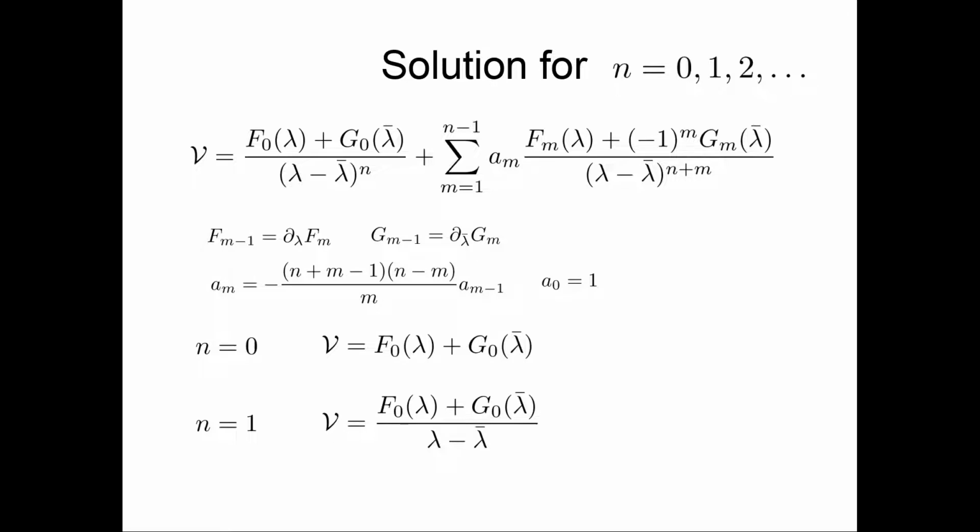For example, for n equals 0, as I said before, the potential is the sum of a holomorphic and an anti-holomorphic function. For n equals 1, the potential is given by this ratio, still involving some analytic functions, but divided by a non-analytic denominator. So this is the structure, and then it can be deduced for every n.